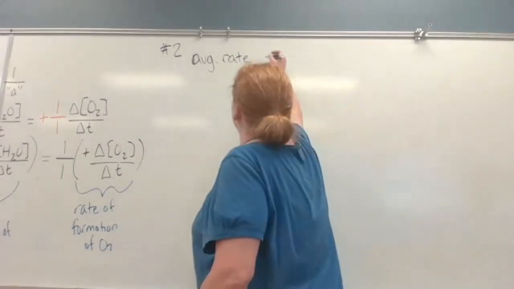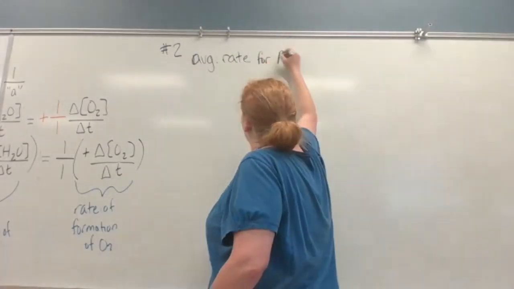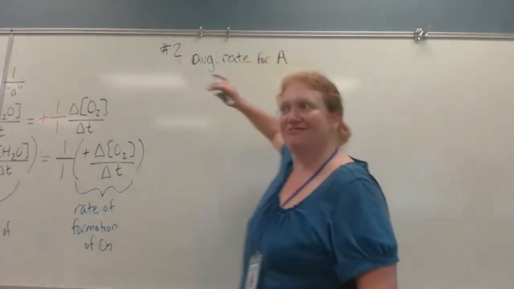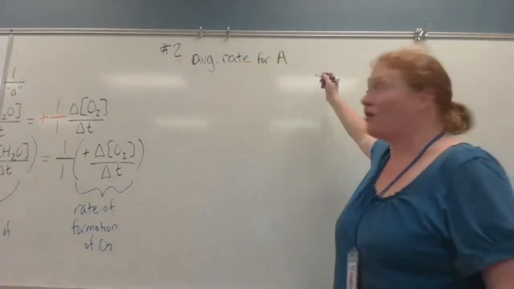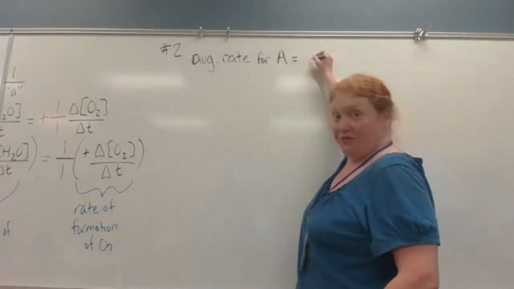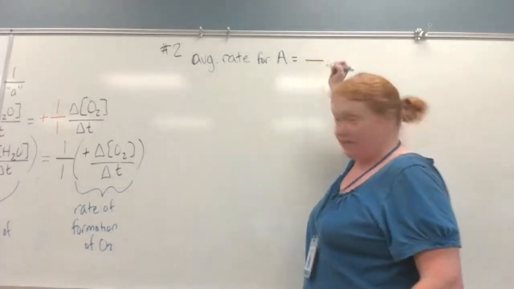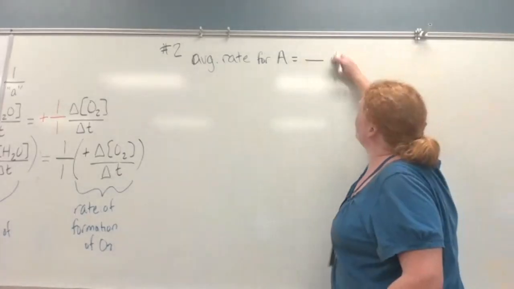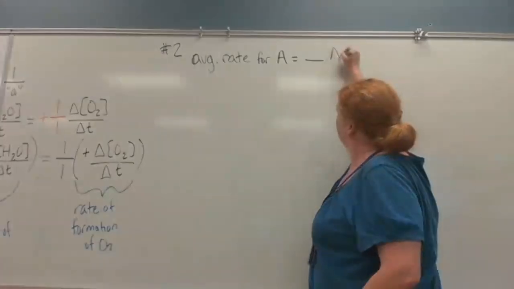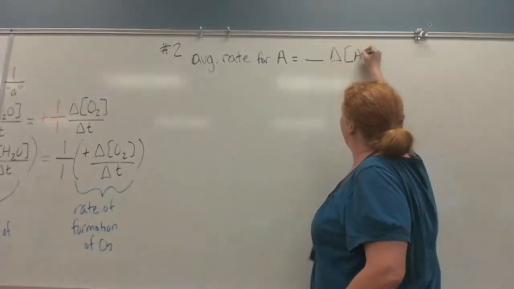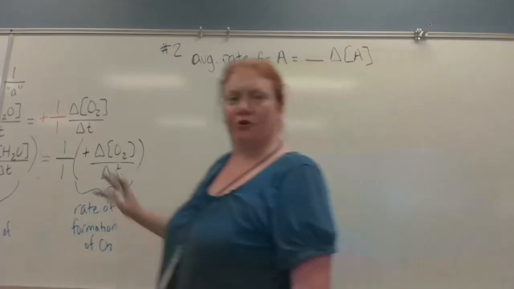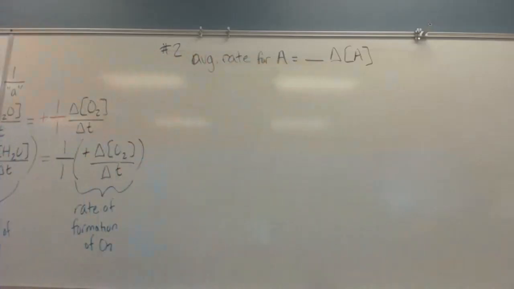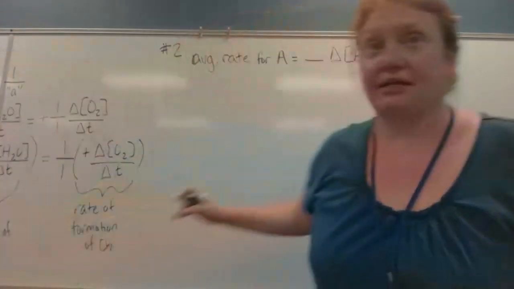If it is a reactant, then when you calculate this rate, you have to put a what in front? Negative sign. So I'm going to look at the change in the concentration of A over what time period first? First one says from 0 to 10 seconds.